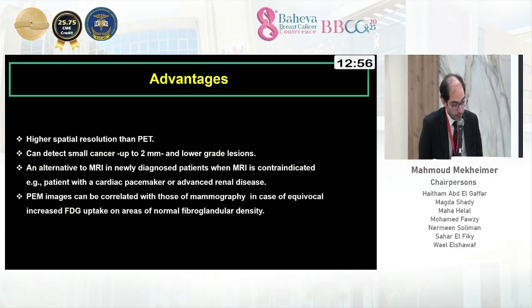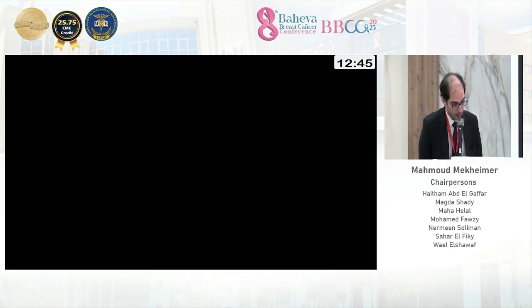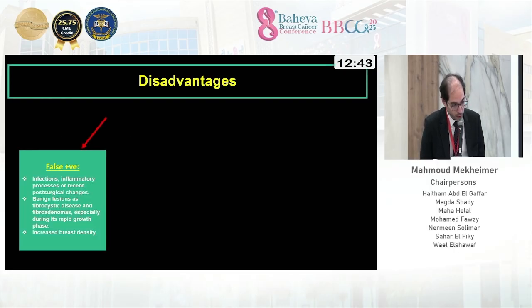PEM images can be correlated with those of mammography in case of equivocal increased FDG uptake on areas of normal fibroglandular density. Also, PEM can predict tumor aggressiveness. The disadvantages of PEM can be grouped into false positive results, which can be due to infection, inflammatory process, or recent post-operative changes, benign lesions such as fibrocystic disease or fibroadenoma, especially during its rapid growth phase, and increased breast density.